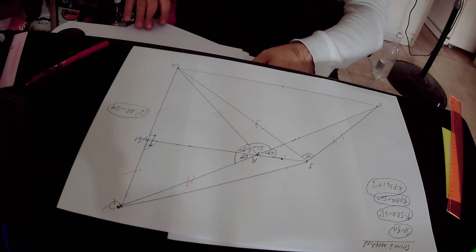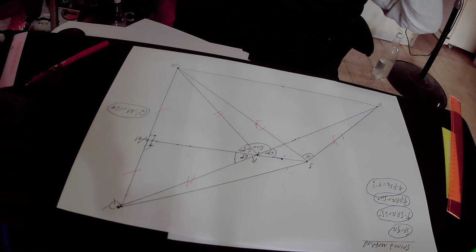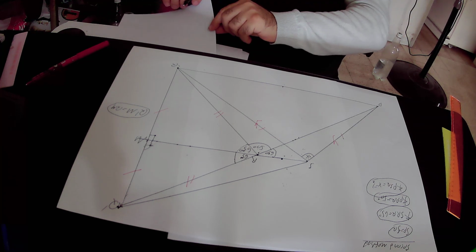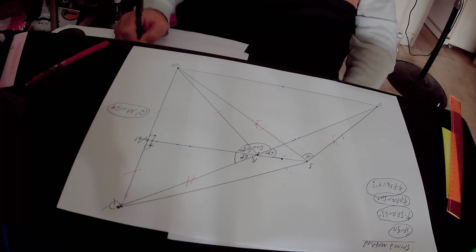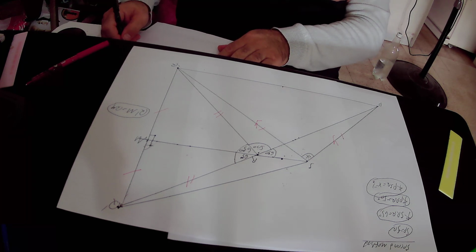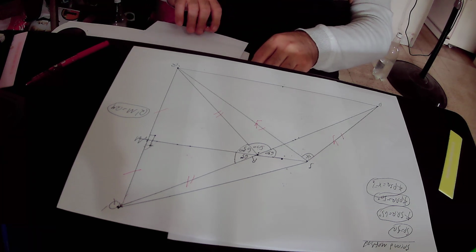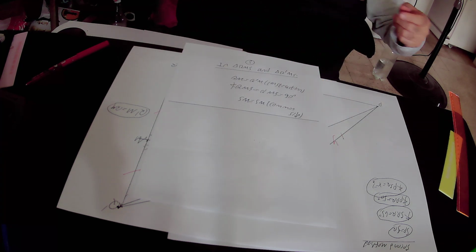And we also have a common side, SM, which belongs to both triangles. So we can write down that SM equals SM as a common side.